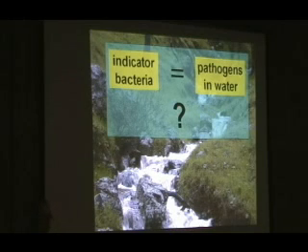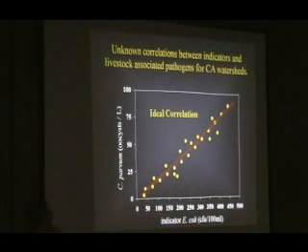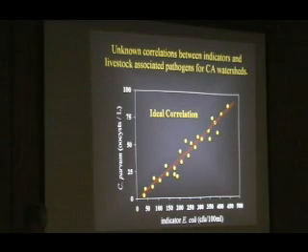Is that correlation I talked about valid? Do we have a relationship that's nice and clean, that we can shoot a line through and confidently predict from indicator bacteria what our pathogen numbers are?